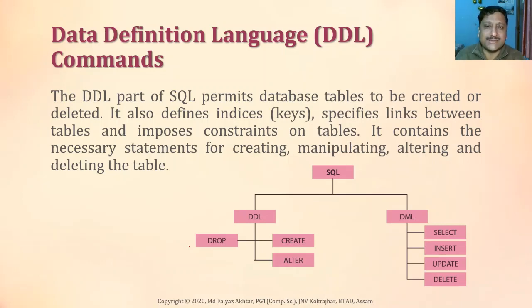In short, DDL, data definition language, is used to create the structure of the tables of the database. Using this set of commands, we can create tables, we can create databases, we can make changes in tables, make changes in databases. And also if databases or tables are not needed, we can delete them.